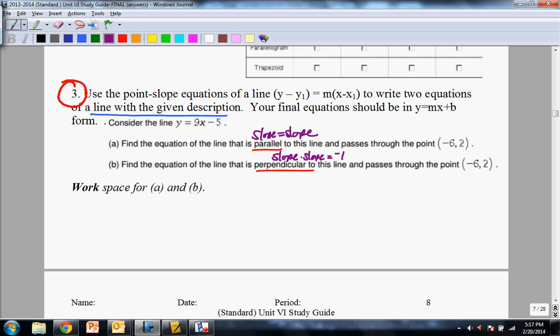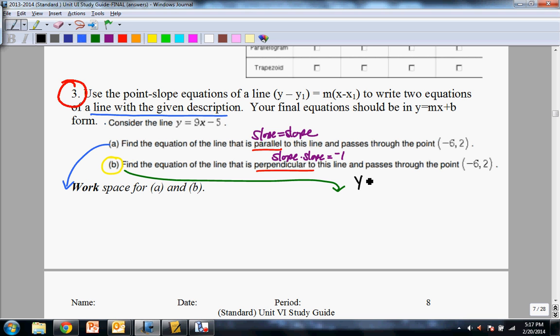And for perpendicular, we know it's slope times slope equals -1. So I'm going to go ahead and get you started on the B, and you need to finish A. So the work for B is going to be over here. Follow the example and you do the work for A.